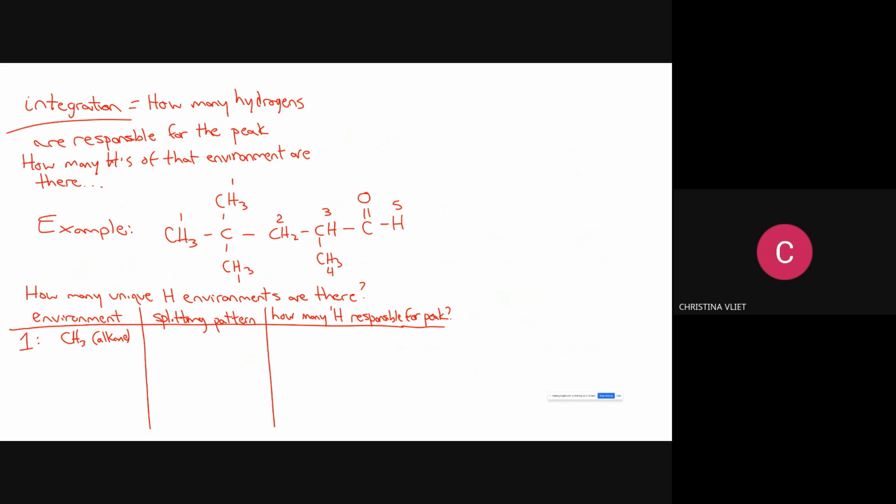What is the splitting pattern here? Singlets. Because these hydrogens are all next to a carbon that has no hydrogens. There is no split on any of the hydrogens in environment 1. How many hydrogens are responsible for the creation of the peak?